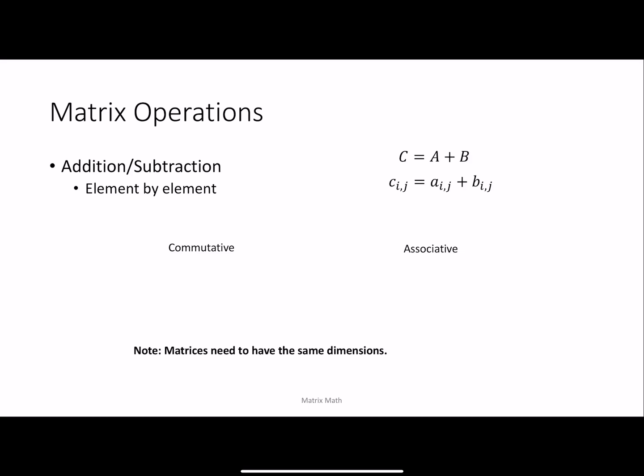So we can add two matrices, and the addition of matrices is both commutative and associative, right?